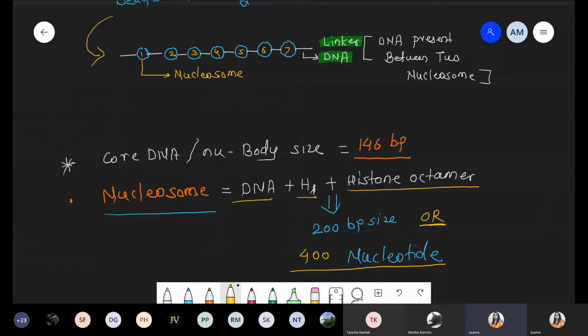So base pair means we count as double stranded, and when we use nucleotide, we count as single stranded. So it will be exactly double. Both answers are true. You just have to check whether the option given is 400 base pair or 400 nucleotide. 200 base pair or 400 nucleotide? Both options are correct. Got it? Yes or no?